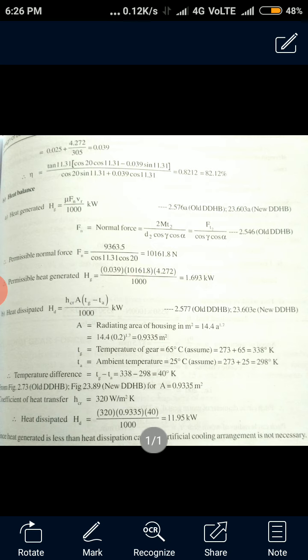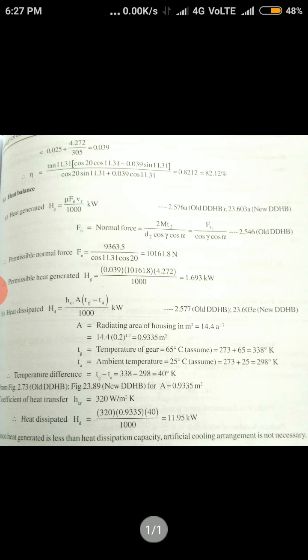Second, heat dissipated Hd equal to Hcr capital A into bracket Tg minus Ta divided by 1000, where A is the radiating area in meter square, given by 14.4 a raised to 1.7. Substituting that, you get 0.9335 meter square. Tg, temperature of gear, assume 65 degrees Celsius, make it Kelvin, 273 plus 65, 338 Kelvin. Ta, ambient temperature 25 degrees Celsius, 273 plus 25, 298 Kelvin.